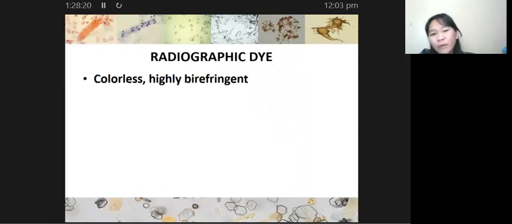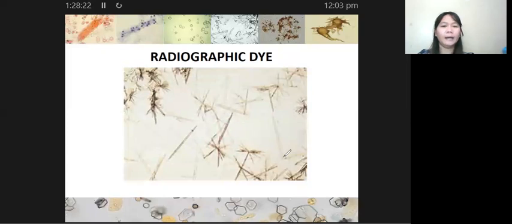Pero, parang hindi naman, di ba? Siguro sometimes they may form rectangular shapes. Medyo hindi kasi needle-like yung appearance niya. Pero yun ang sabi ng ating mga references, it resembles daw your cholesterol crystals.